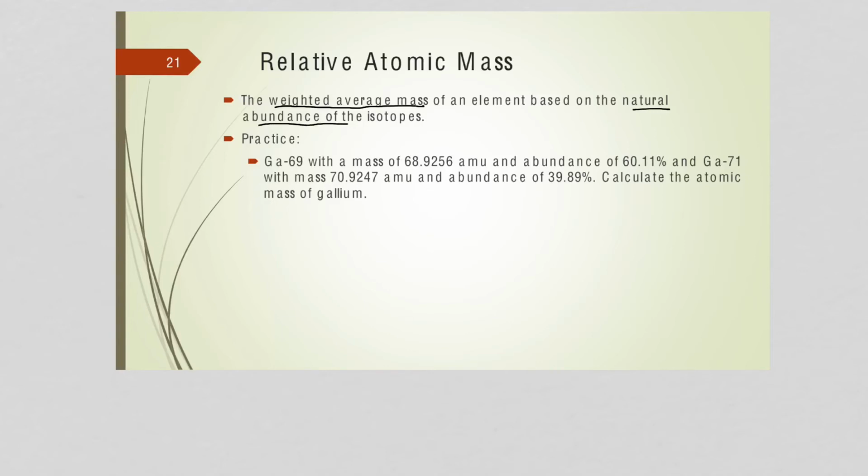So essentially, if we want to determine the atomic mass, we take the mass of isotope 1 times its fraction, or its natural abundance in terms of a fraction, plus the mass of isotope 2 times its fraction.